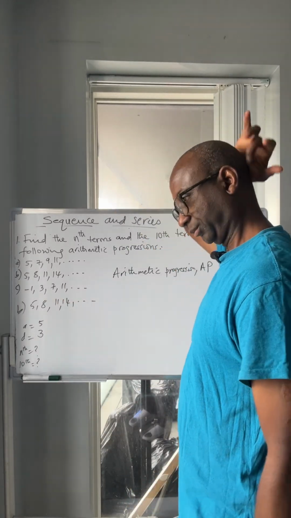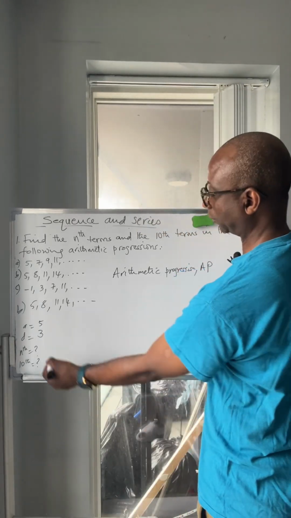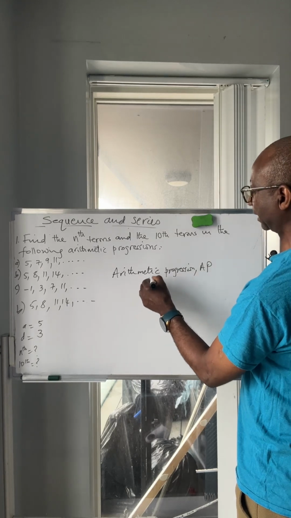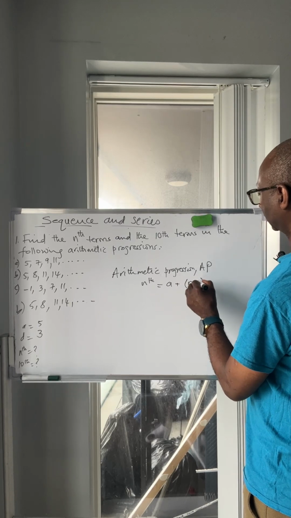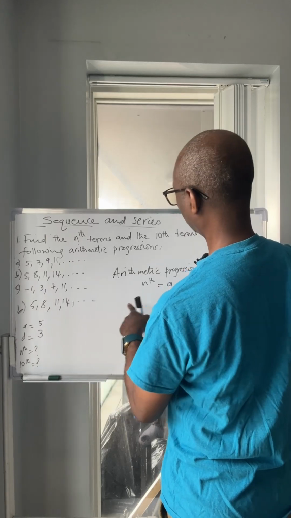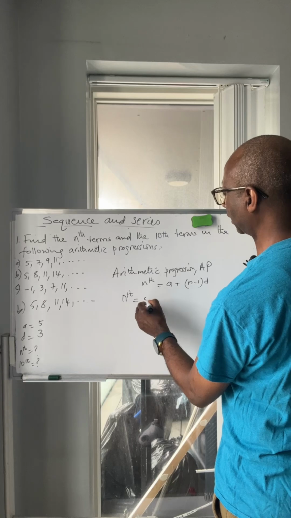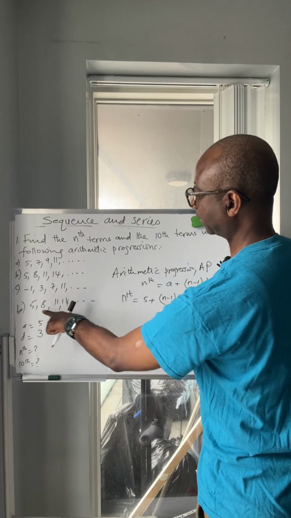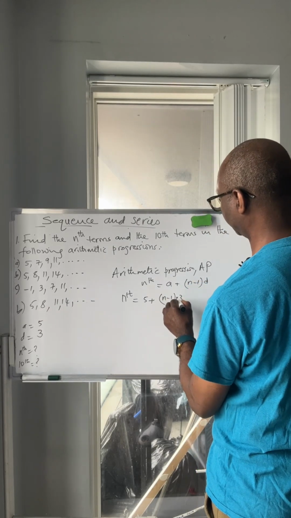Before it was 2. Again, we're asked to find the nth term. You know the formula for the nth term: the nth term is the first term plus n minus 1 times the difference. So the nth term here is 5 plus n minus 1 times the difference between consecutive numbers, which is 3. So you multiply by 3.